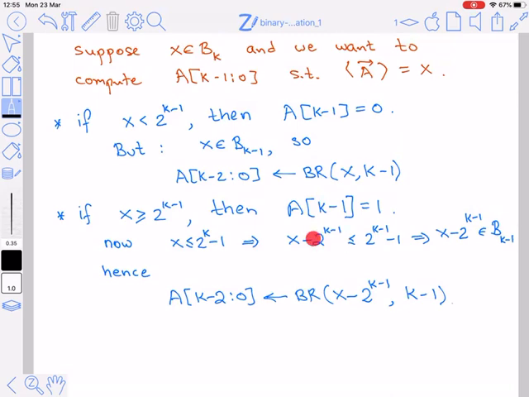Now, this means that the left-hand side over here is in bk minus 1. Okay, so the most significant bit of a contributes 2 to the power of k minus 1 towards the representation of x. And therefore, we are left with the task of finding the binary representation of x minus 2 to the power of k minus 1 with a budget of k minus 1 bits. And this will be the bits of a from position k minus 2 to 0. So this is an alternative proof of the correctness of the binary representation algorithm.